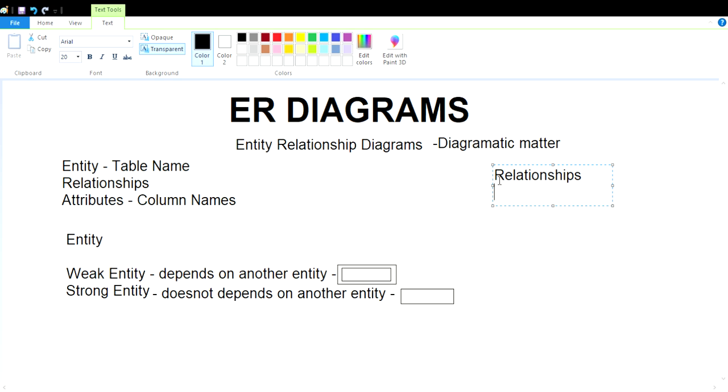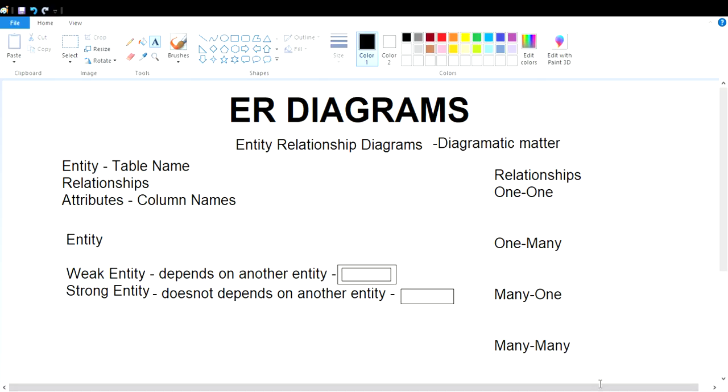The different types of relationships are one to one, one to many, many to one, and many to many.